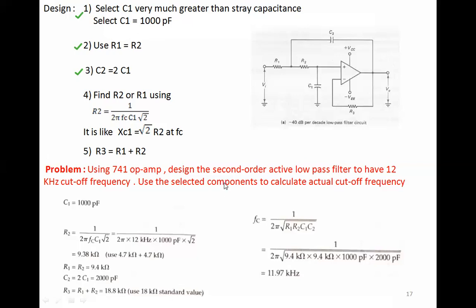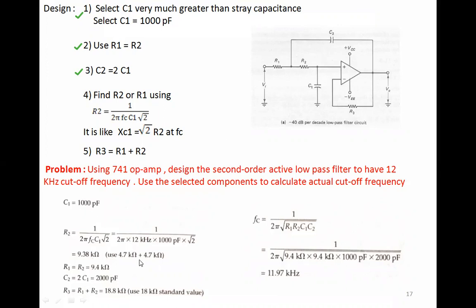Okay. Now, what we're going to do is select C1 equal to 1000 picofarad and R2 equal to 1 by 2 pi FC C1 into root 2. So 1 by 2 pi FC, where FC was given as 12 kilohertz, C we are taking as 1000 picofarad, root 2. That should give me about 9.38.